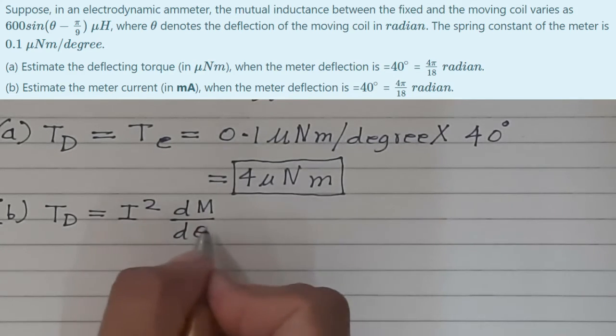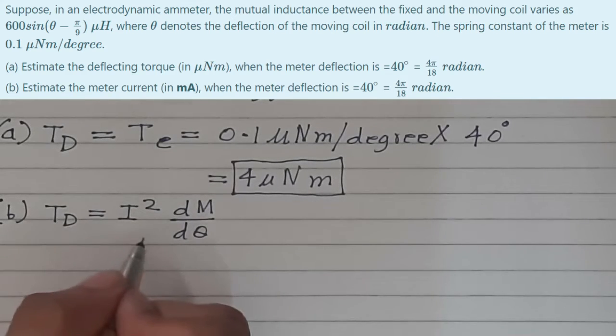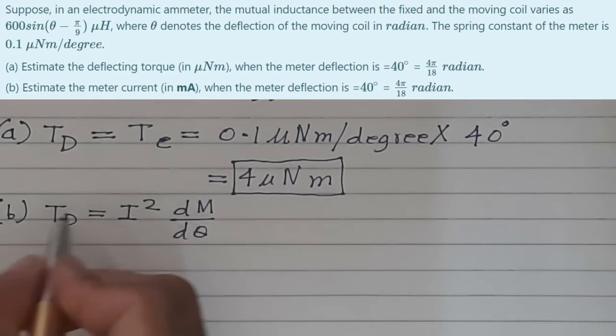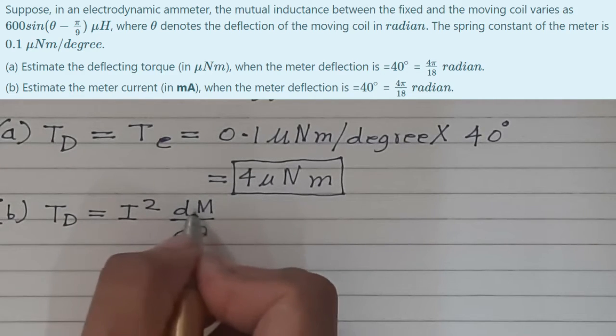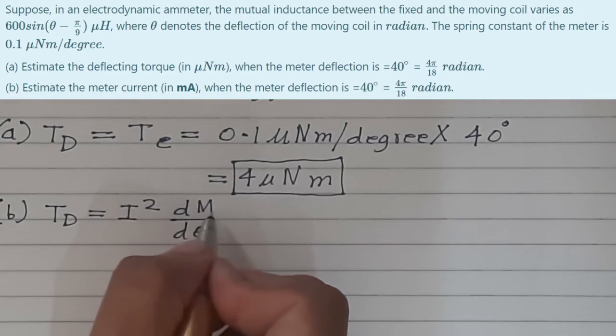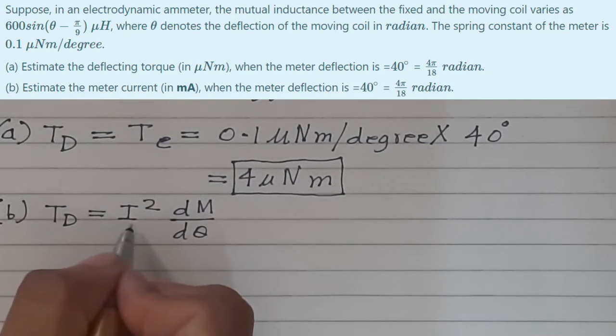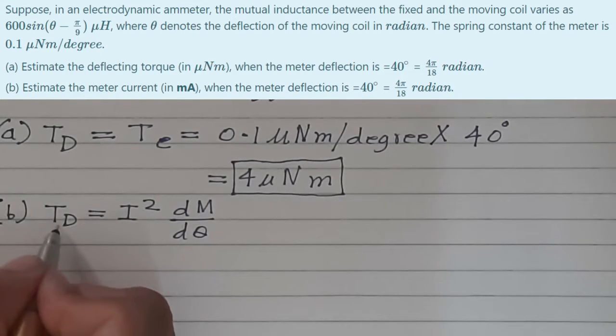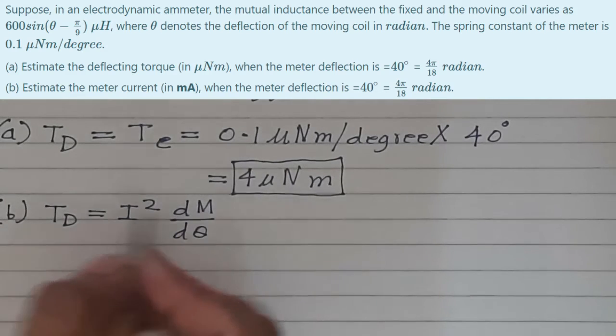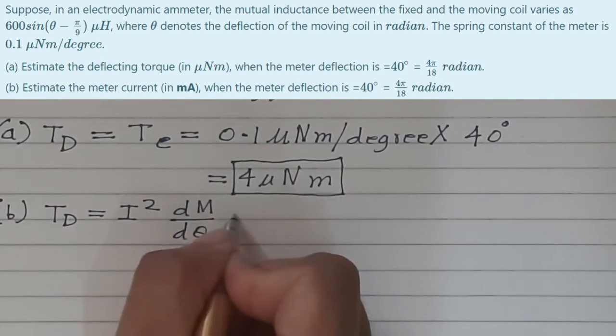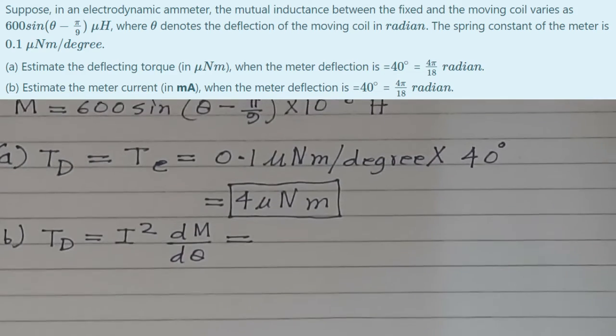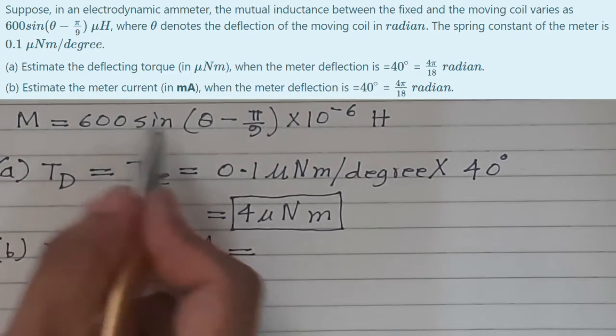Please note that this angle should be in radian for this relation to be valid. And M, mutual inductance, should be in Henry, current in ampere, then this torque will be in Newton meter, everything in SI units.